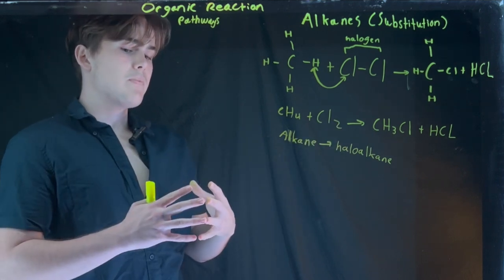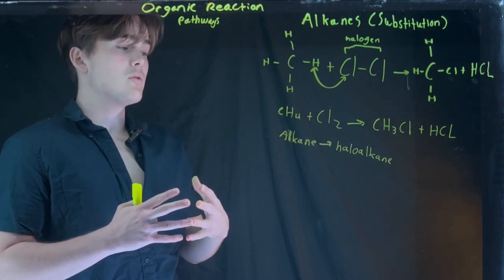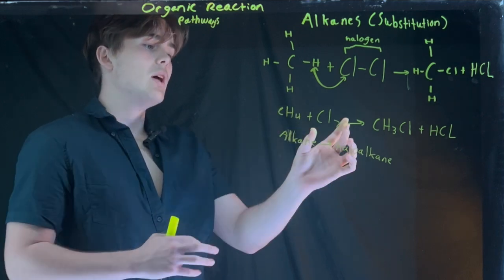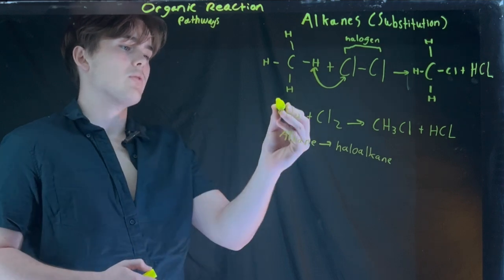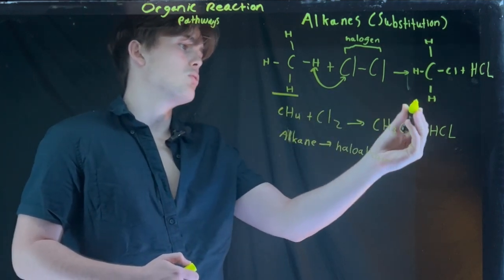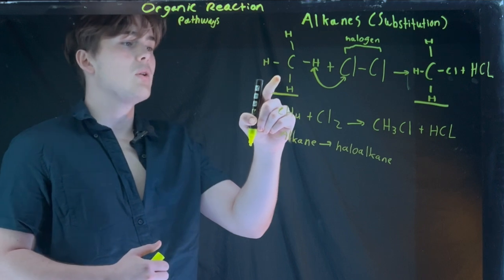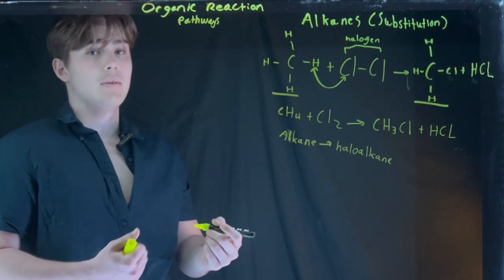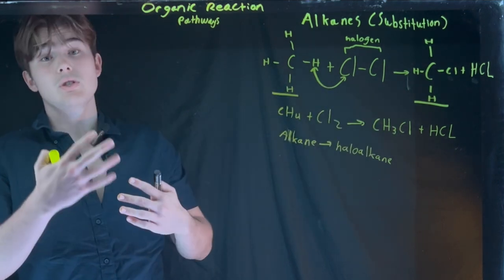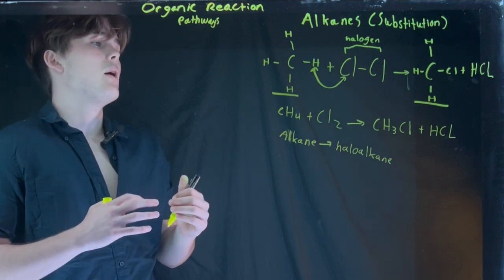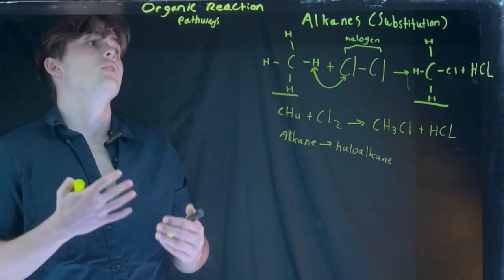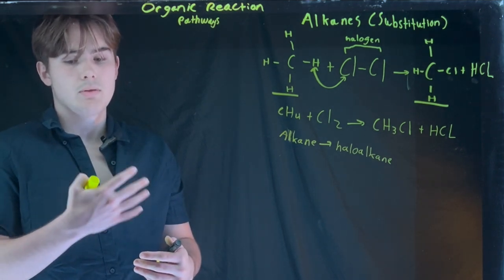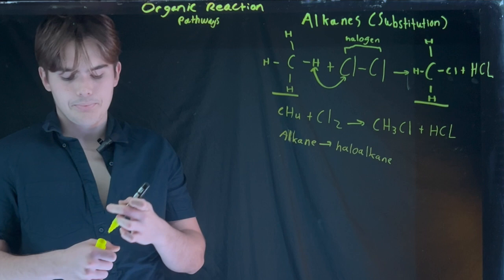It's coming together via a substitution reaction, switching places, and becoming a haloalkane. So it's going from this to this here, alkane to haloalkane. That's one type of substitution reaction. We will now have a look at some other types of substitution reactions as well.